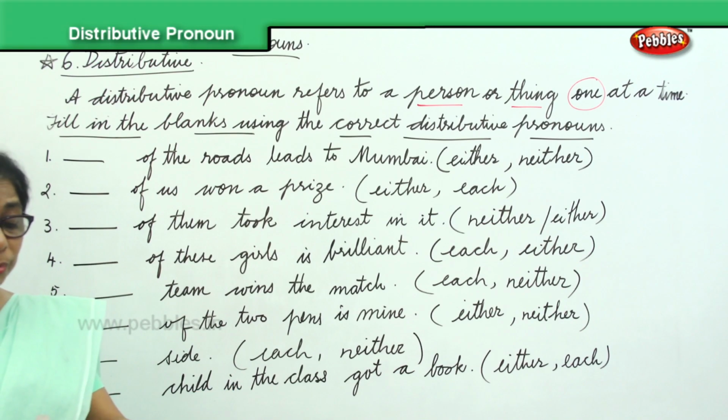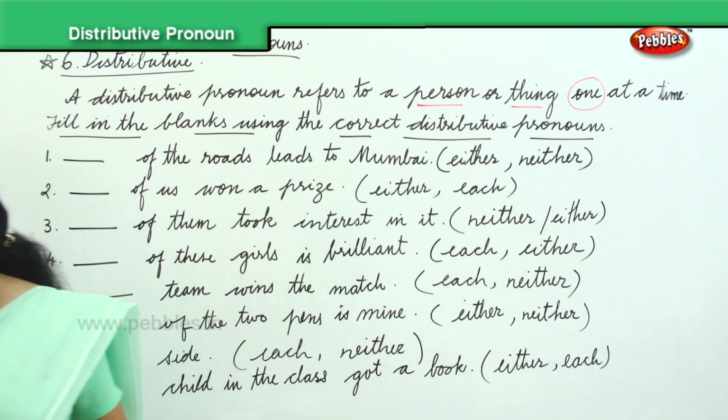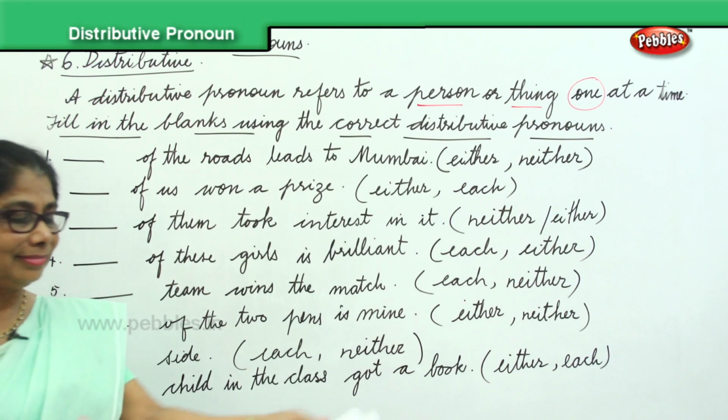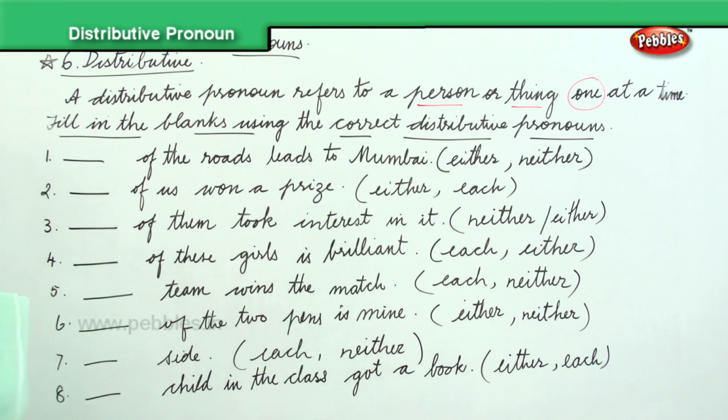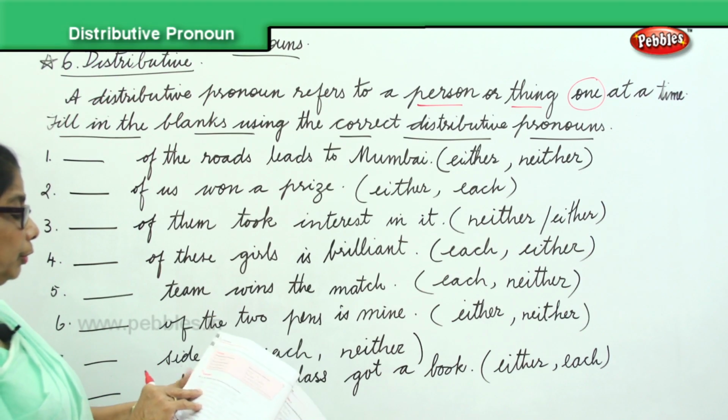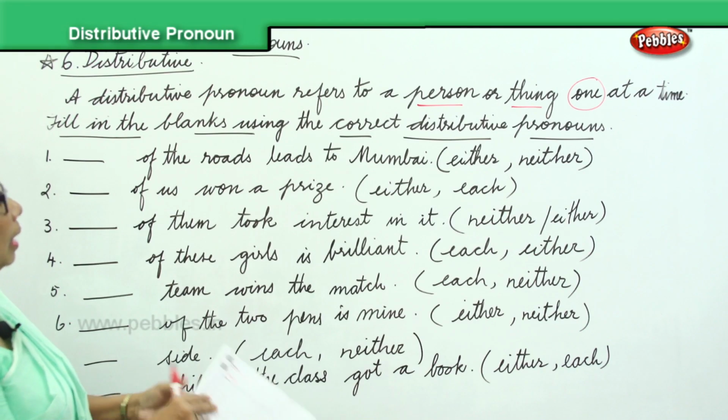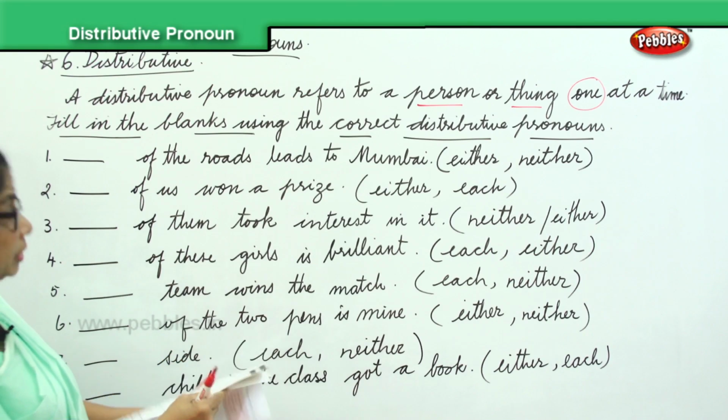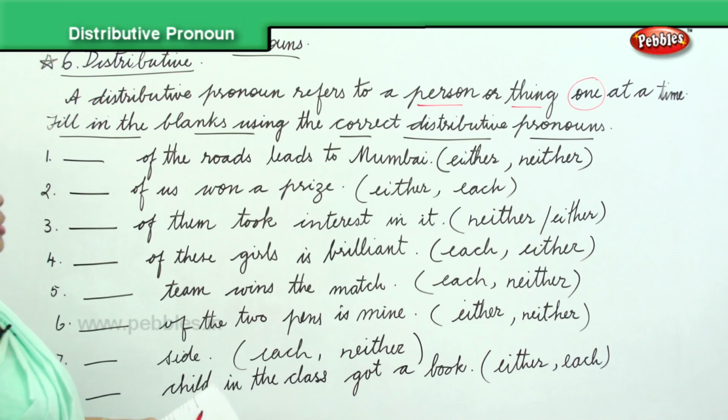Now, let's choose the distributive pronoun. Dash of the roads leads to Mumbai. So, you can use either, neither. So, now, what is the word you're going to use? Either of the roads lead to London. You can say that.